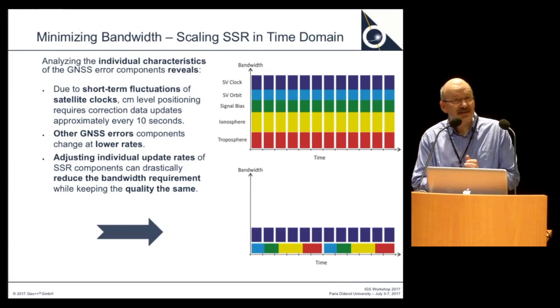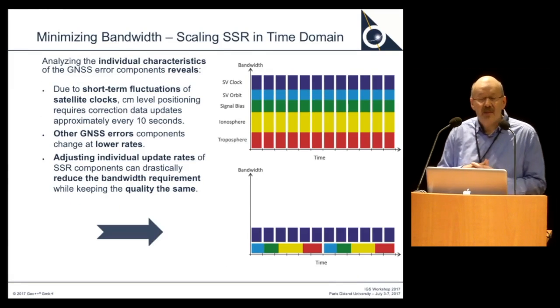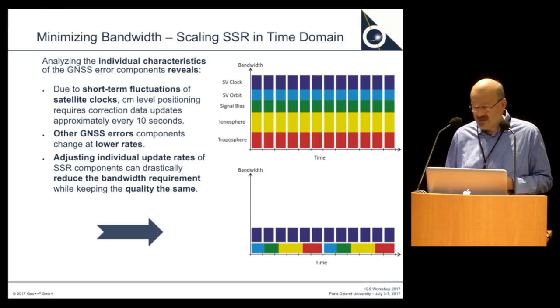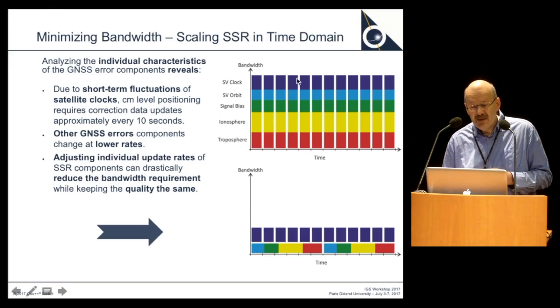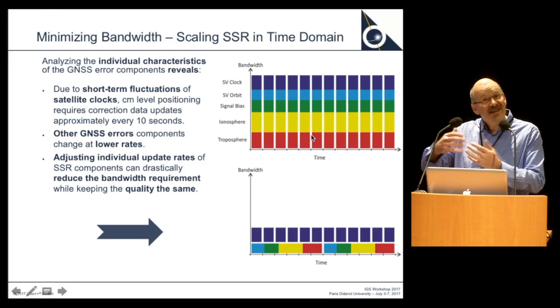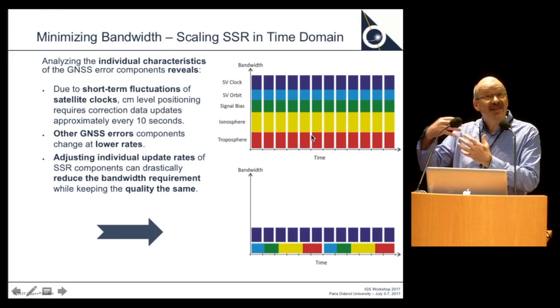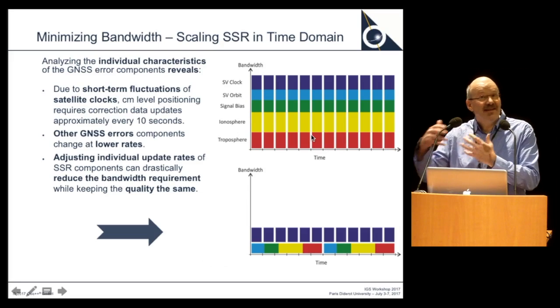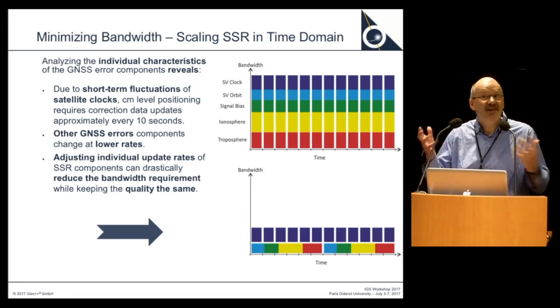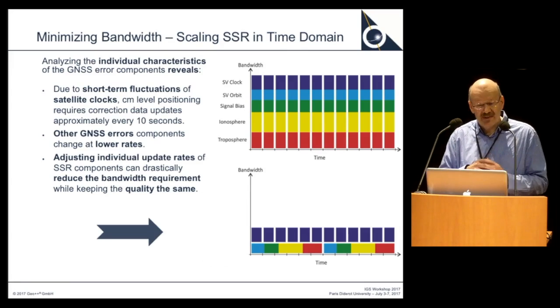Another feature of state-space technology is the bandwidth issue. If you have a look at the individual characteristics of each GNSS error component, you have the option to reduce the bandwidth. In the upper picture here, this is the classical case. Every error is transmitted as a lump sum, for instance, with the same rate to the user. There is no separation between individual components.